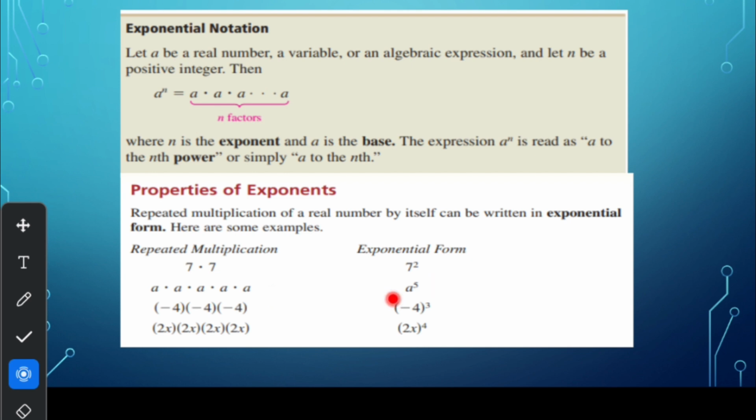In the third example, you can see that minus 4 is multiplied thrice by itself. So minus 4 is the base and 3 is its exponent, or 3 is the power over the base minus 4. In the last example, you can see that 2x is written 4 times. So 2x is the base, and since it is multiplied by itself 4 times, 4 is the power over the base 2x.